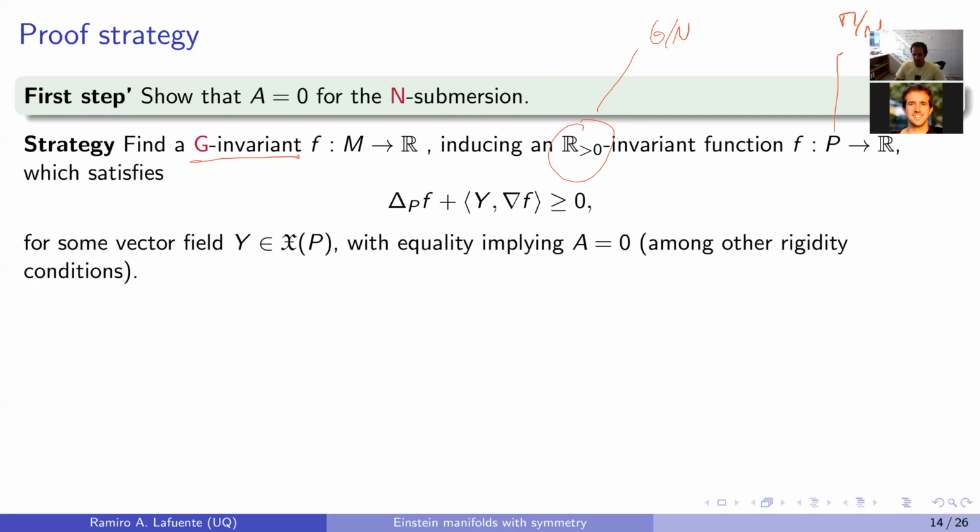And it will satisfy the following estimate: the Laplacian of f plus some first order term has a sign. Here Y is some vector field on P. The important thing is that equality in this estimate will imply a bunch of rigidity conditions, in particular the fact that O'Neill's A tensor is 0, and many other interesting things as well. So this is the strategy: try to find a function which satisfies this differential inequality or something like that.